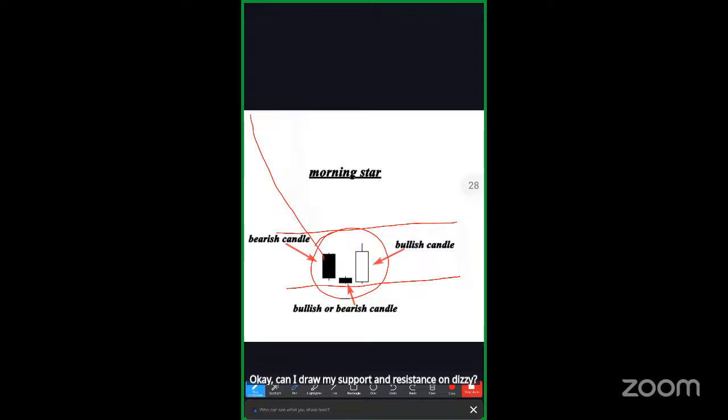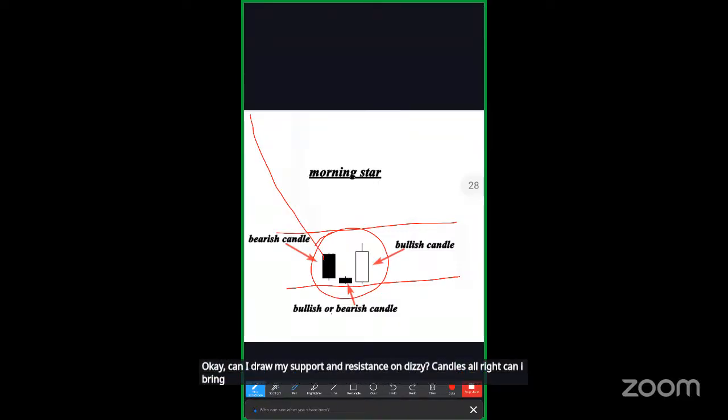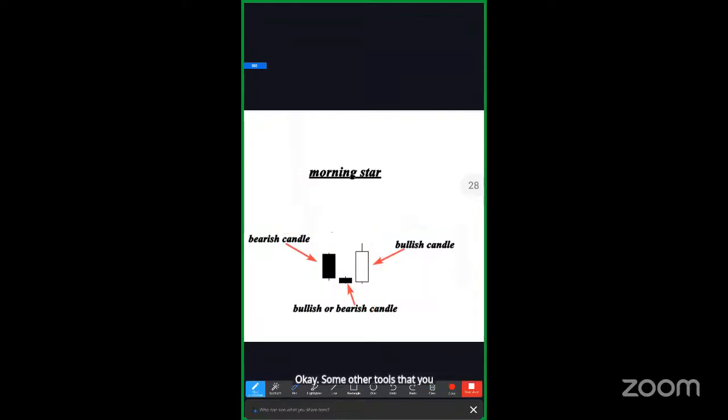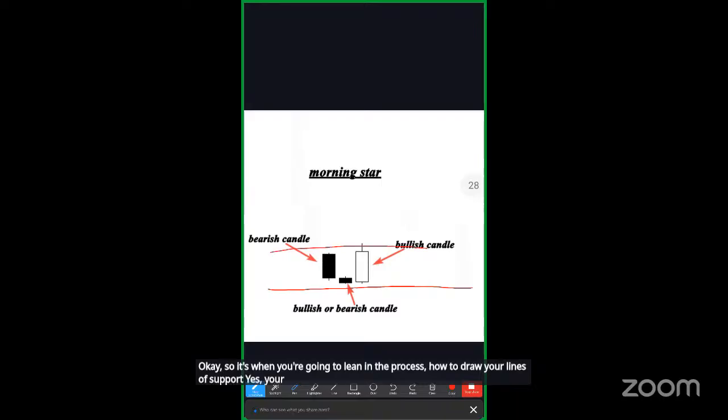Can I bring RSI to show me whether I am in the oversold area or the market is still going down? I'm trying to bring some other tools that you can use to complement this, some other tools that you can use to confirm if this is indeed true. So it's in the process that you're going to learn how to draw your lines of support and your lines of resistance, so that you know what is going to happen.